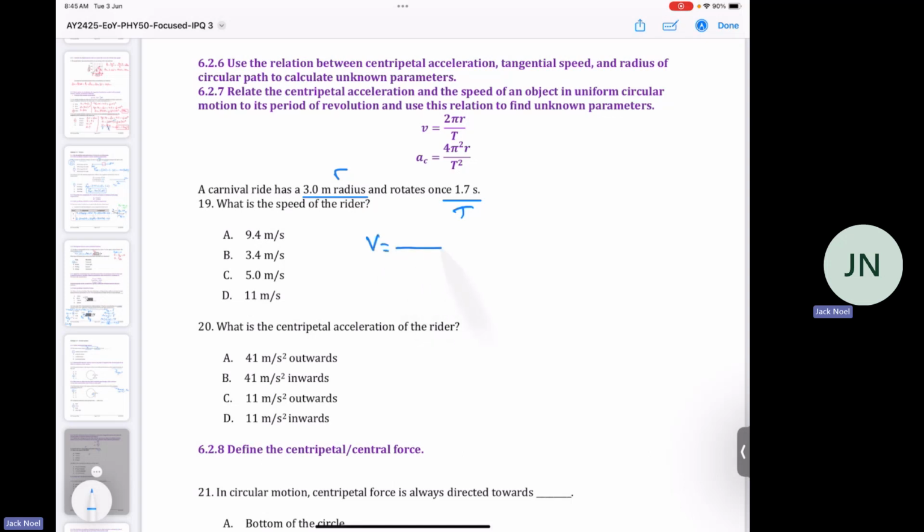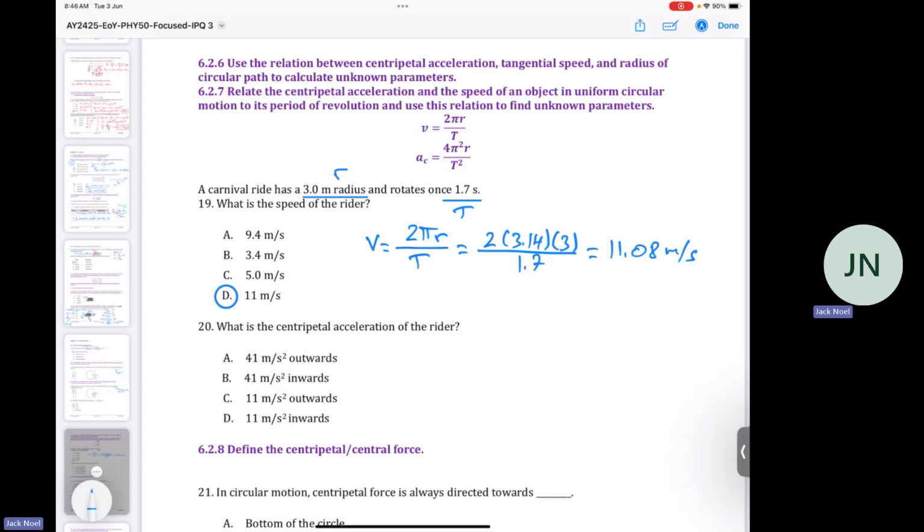Speed is nothing but 2 pi r over T, which is 2 times 3.14 times 3 over 1.7. Now, when you put this on the calculator, it's going to give you 11.08 meters per second. The closest answer is D.